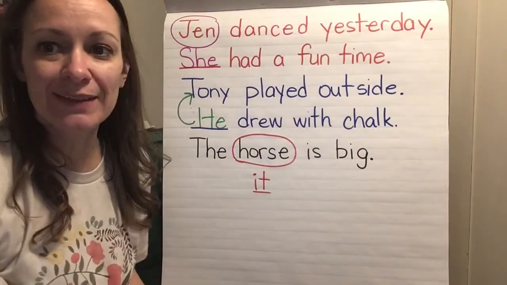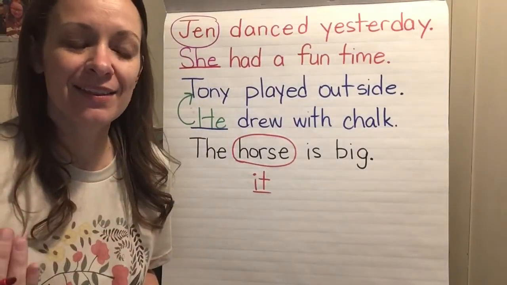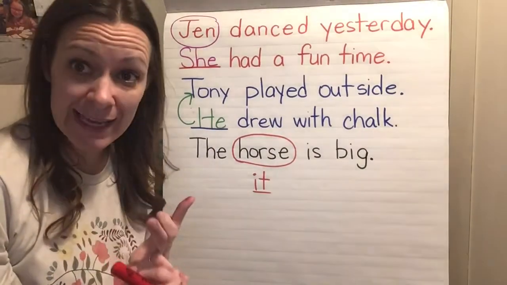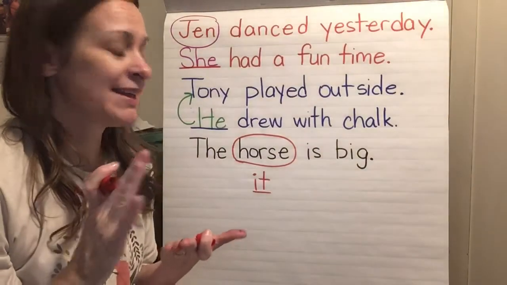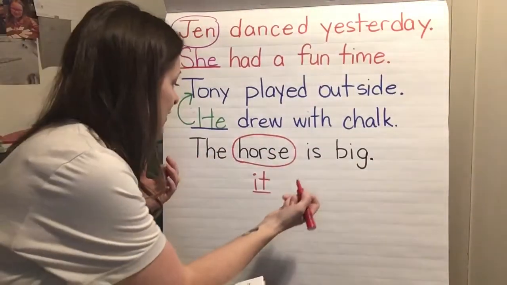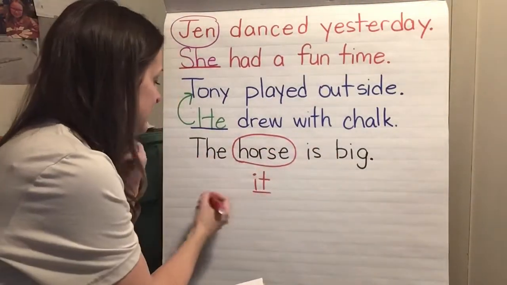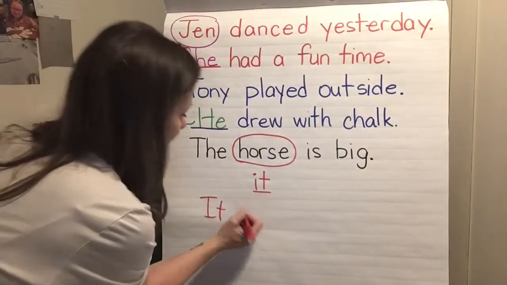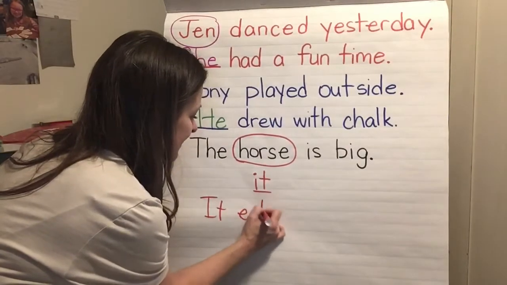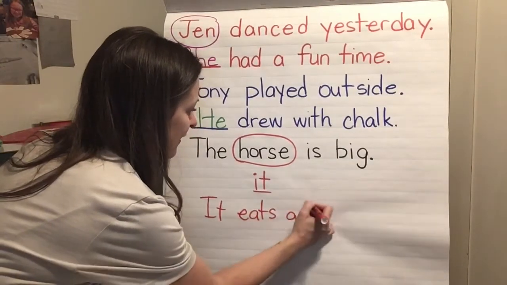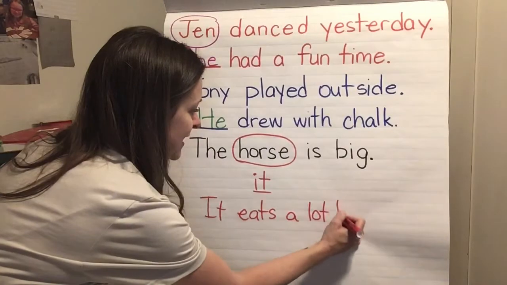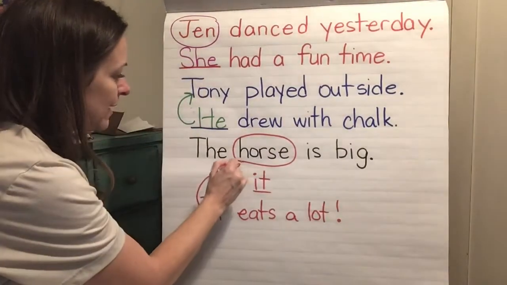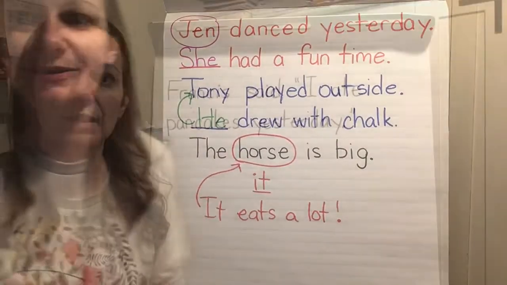It is another pronoun that can replace a noun. Like tree, it'll replace the nouns that are animals and things, basically. So the horse is big. We could say it eats a lot. The horse is big. It eats a lot. Exclamation point. What are we talking about when we say it? We're talking about the horse.